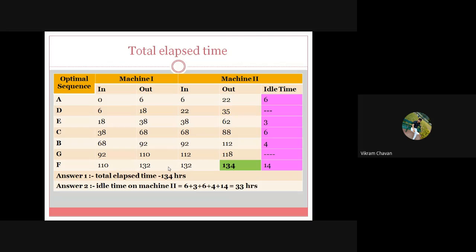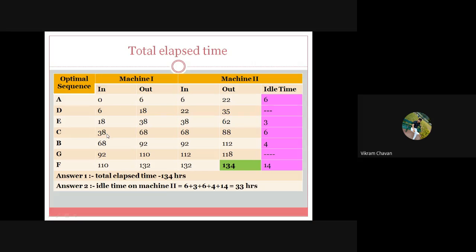Now here obviously we have just added the processing time for the particular job. A job processing time on machine 1 is 6 hours. Then D number job processing time is 12 hours on machine 1, so 6 plus 12 is 18 hours. Then E number job has processing time of 20 hours on machine 1, so 18 plus 20 is 38.